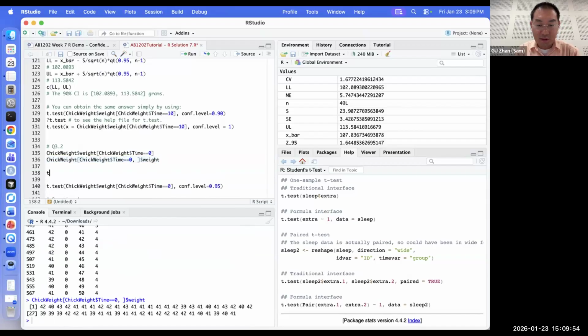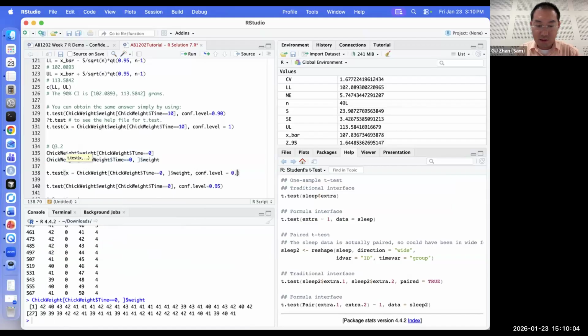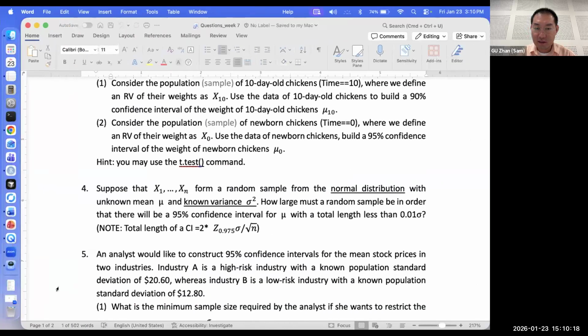Then you type x equal to this one, then you want a confidence level, this is 0.95. Then it gives you an average of 41.06 grams, plus minus a margin of error, which gives you this 95% confidence interval. Okay, good.